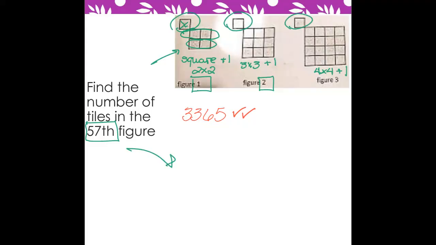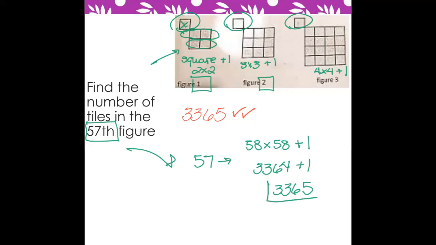So then for figure 57, I would need to increase that to be a 58 by 58 tiled square plus the 1 that's going to be in that upper left-hand corner. When you take 58 times 58, you get 3,364. Add the 1 extra, and that gives you 3,365. And I think that's essentially what you were saying.